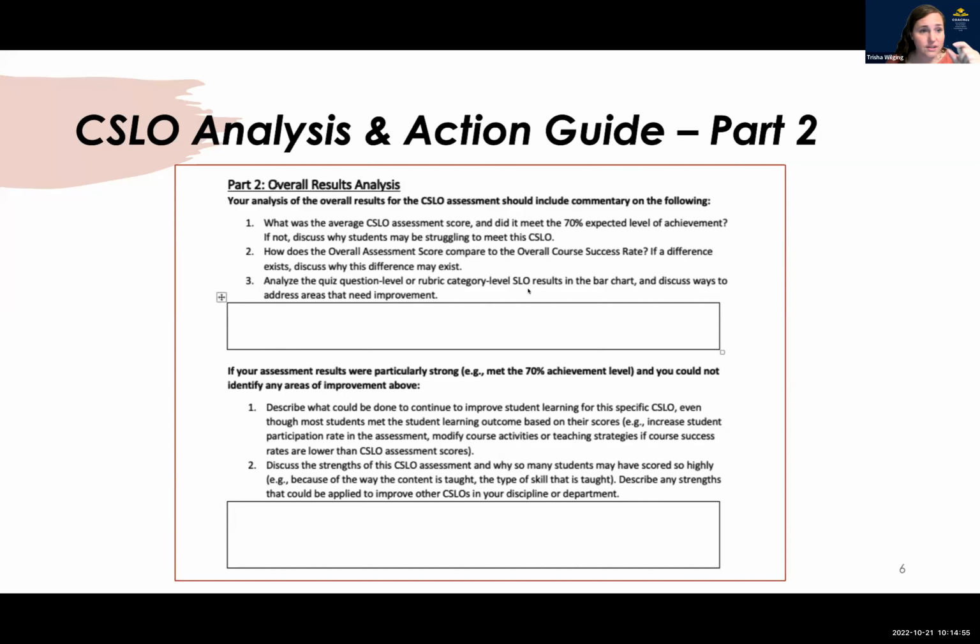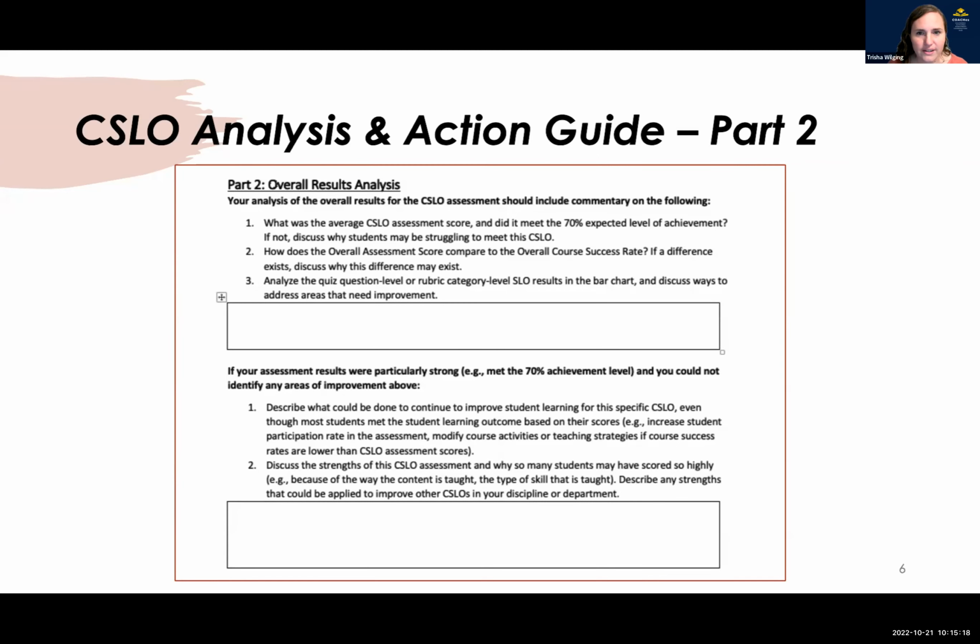So if there are specific questions that students struggled on or specific facets within the rubric, competencies that students are struggling on, we want the department's colleagues or the department faculty who teach this content to really labor together to consider, okay, what can we do to move the needle with student learning? And we know it's not an exact science.